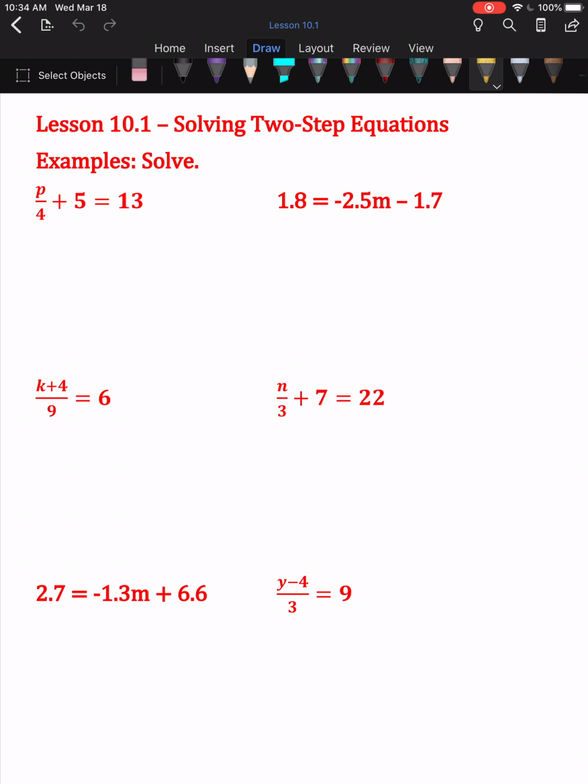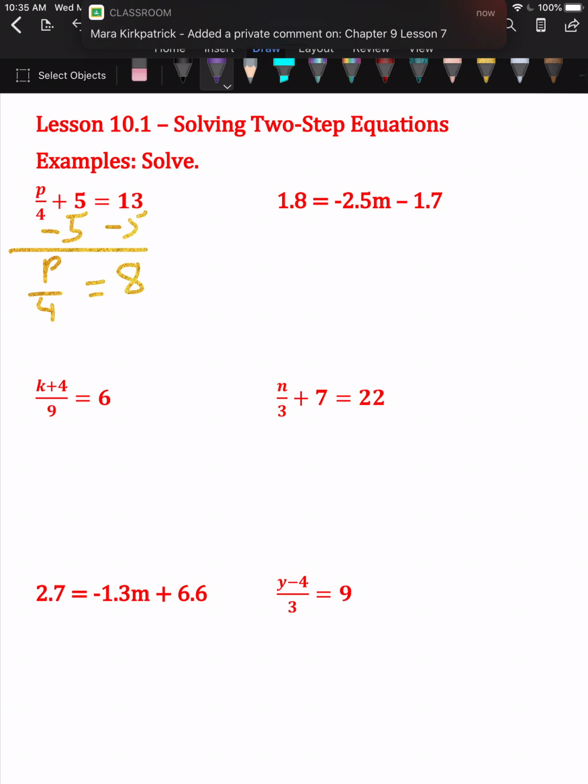First example here, we have p fourths plus 5 equals 13. To solve this, I'm going to want to subtract 5 from both sides of this equation. That'll give me p fourths is equal to 8. I then want to multiply both sides by 4.